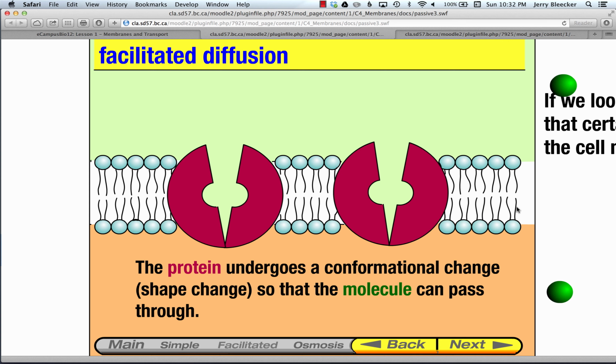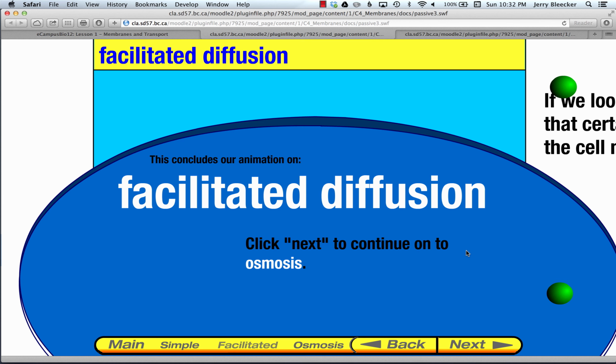Now, watch this. Okay, so let's go. I just have to sort of restart it, I guess. There we go. Okay, so let's say that this green ball is glucose. It enters the little protein.